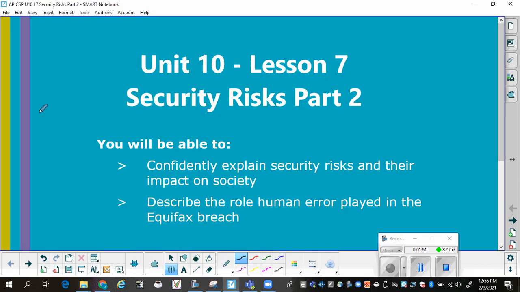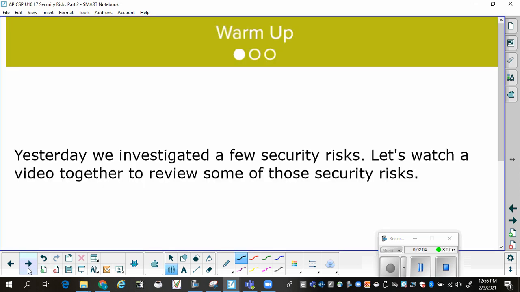Now, in Lesson 7, you will be able to confidently explain security risks and their impact on society, and to describe the role human error played in the Equifax breach. As I just said, last class, last lesson, however it stacks up, we investigated a few security risks.